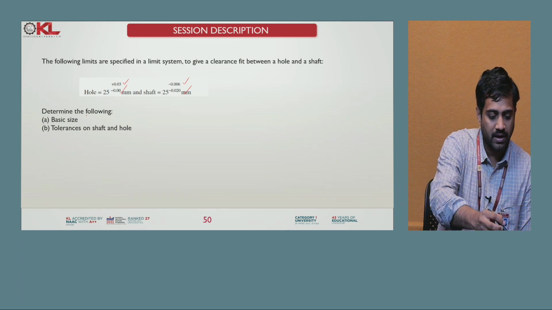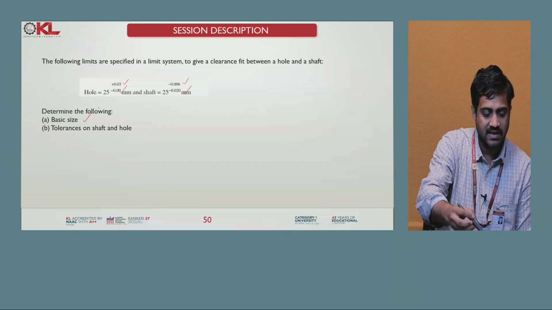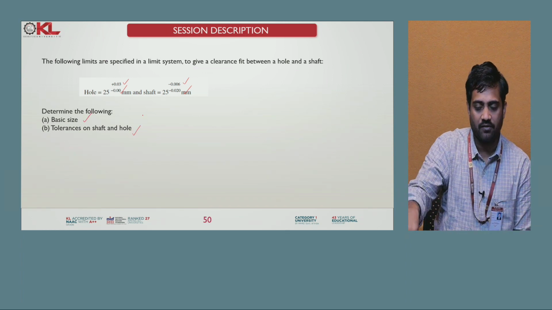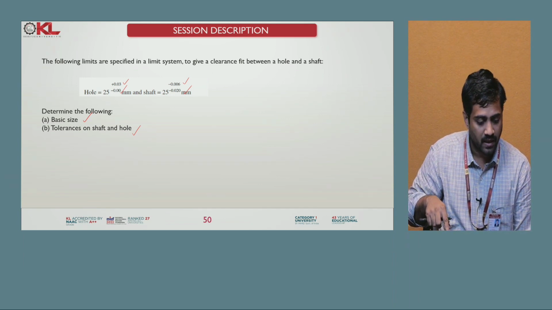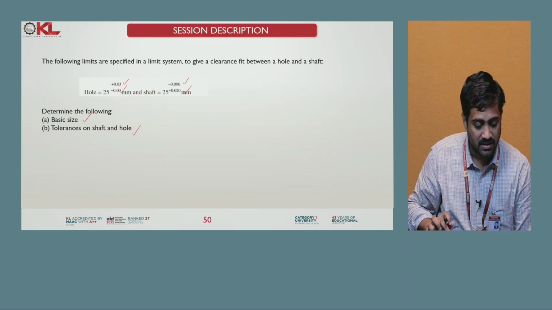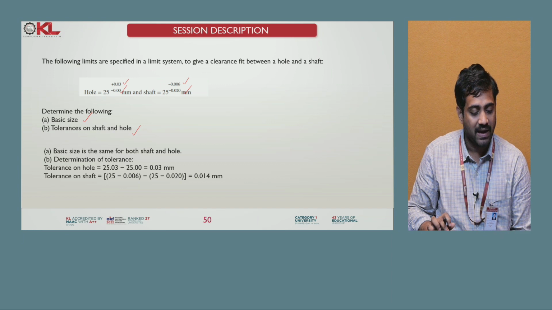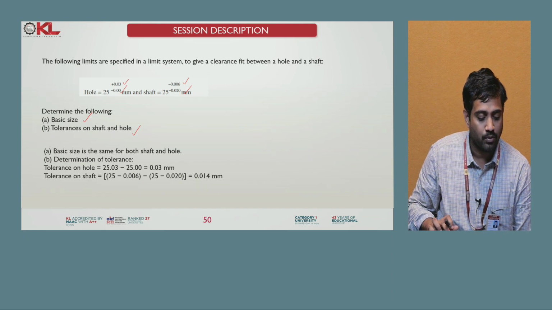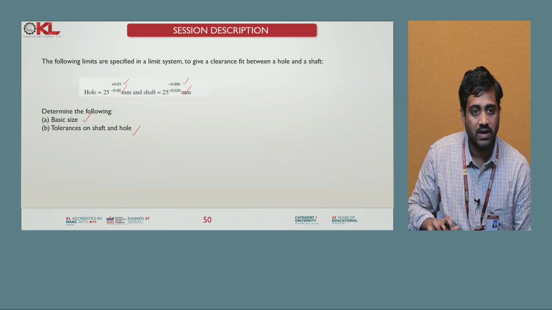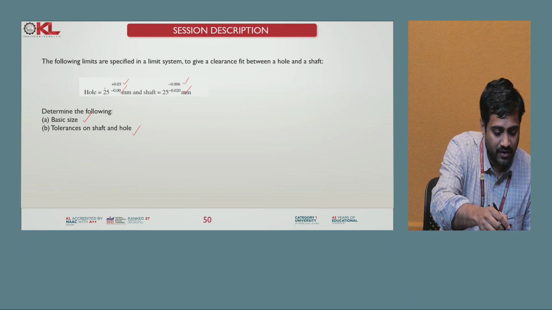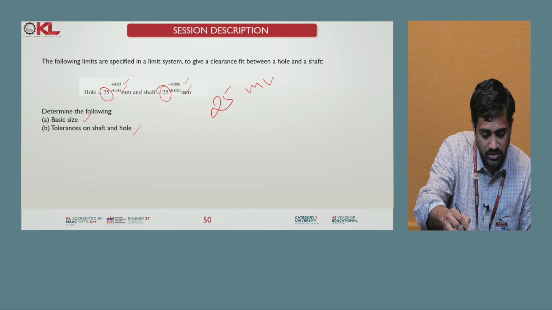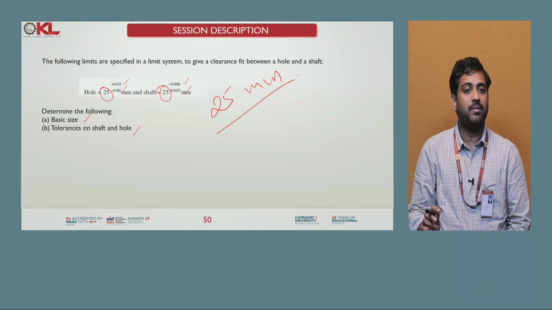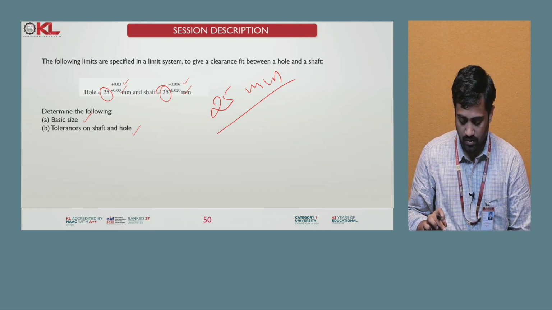We can determine the basic size and the tolerances on shaft and hole. First I am determining the basic size. The basic size is the same for both shaft and hole. What is the basic size here? Here itself you can see 25 mm is the basic size, which is the same for both shaft and hole.